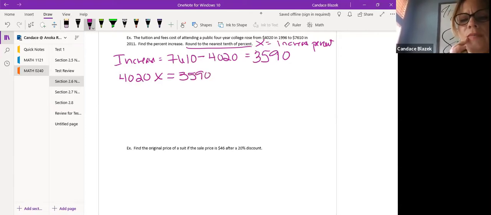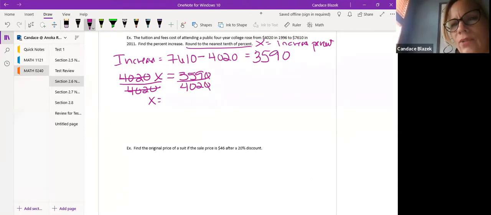So we're going to divide both sides by 4,020. The 4,020s cancel off of the left. An x remains. And again, they both end in a 0, so I can cancel those final zeros on the right. If there's 1 zero on the top, I can cancel 1 zero on the bottom as well.